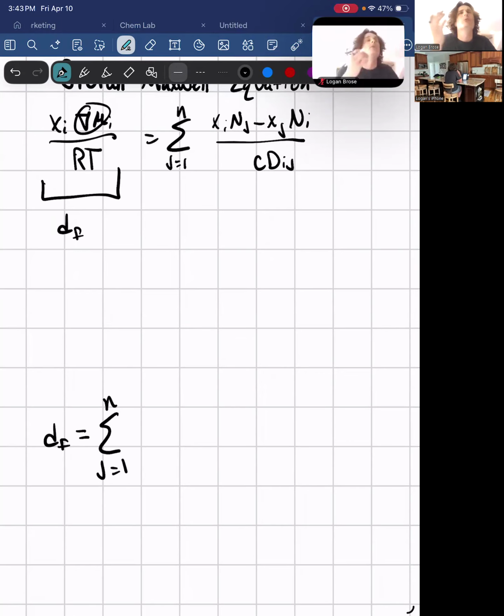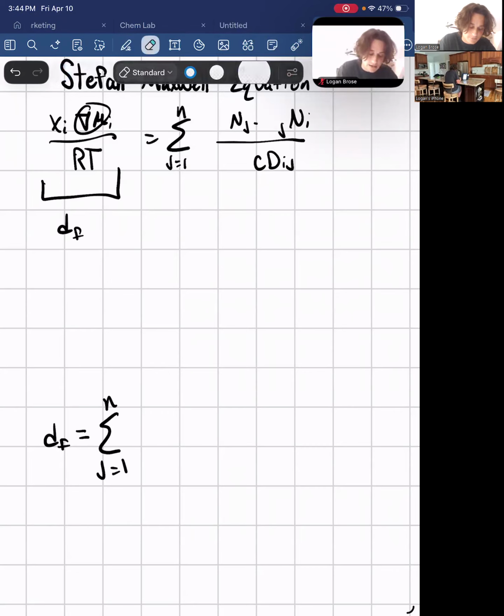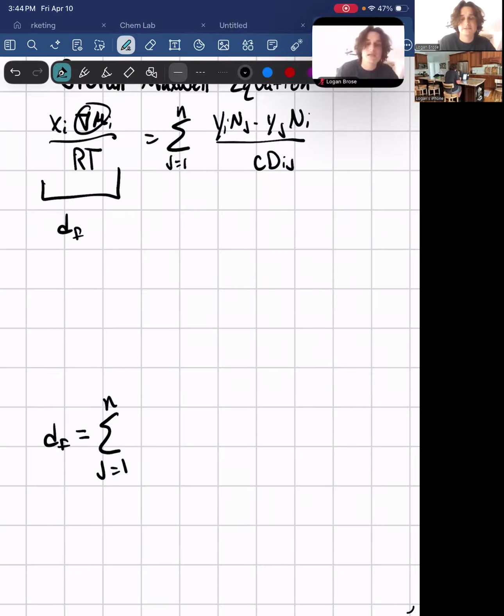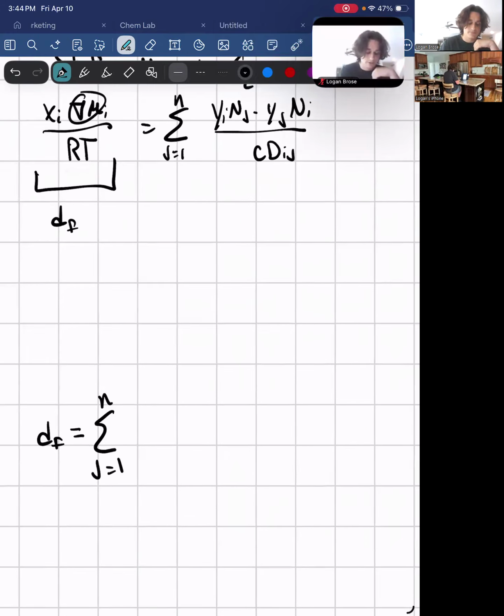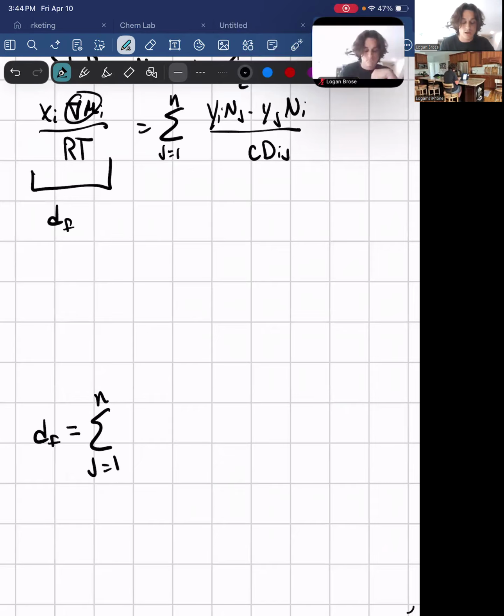And when we're looking at this, typically we're looking at gases, right? And so when we look at gases, this is actually a y. So I will rewrite this as yi and yj. x is typically used for liquid, y is for gases. And so here we're going to look at gases.